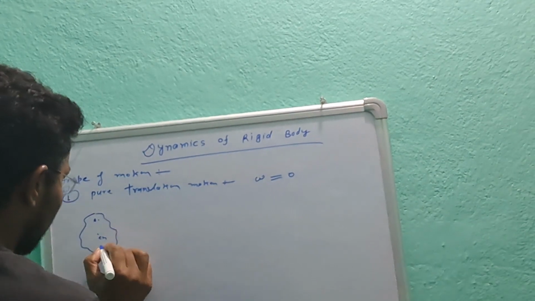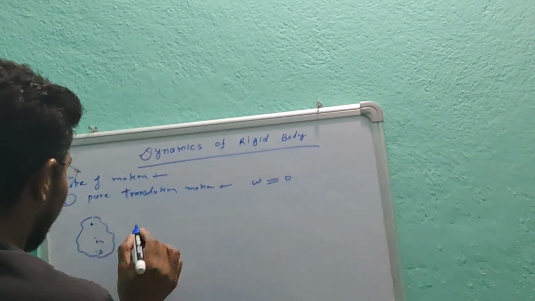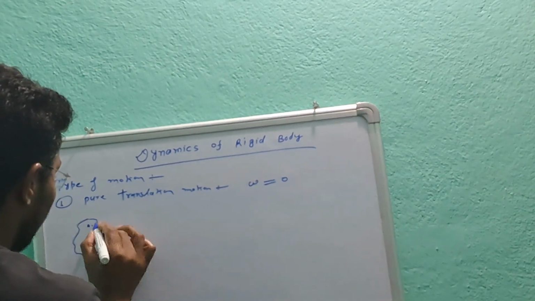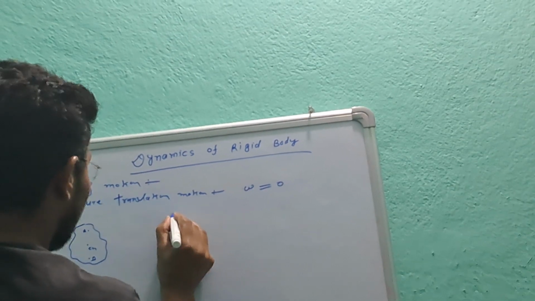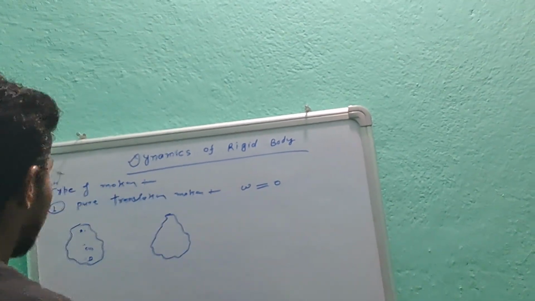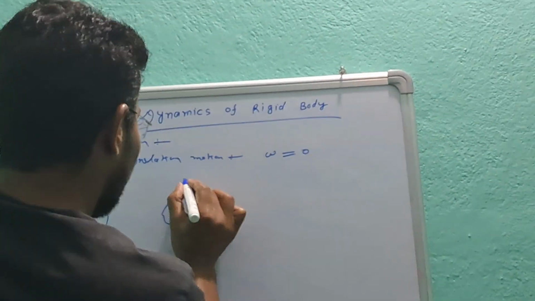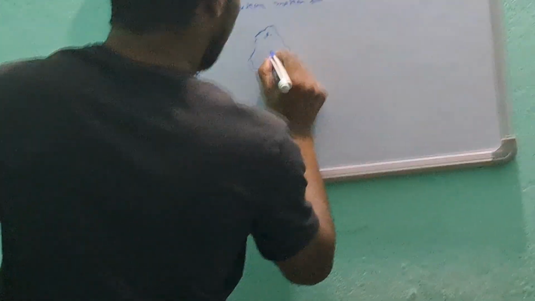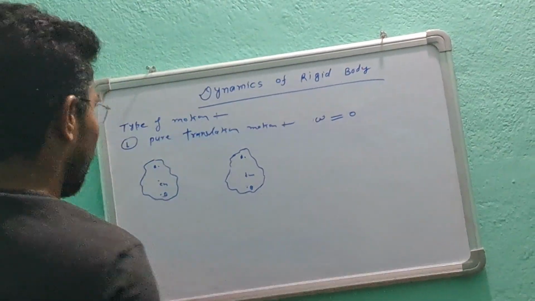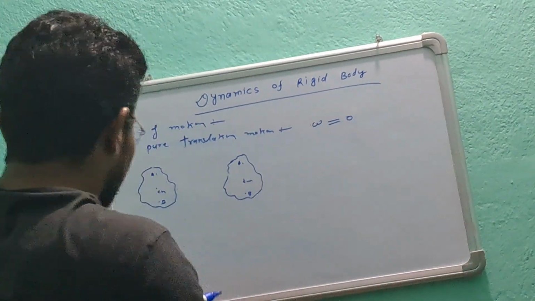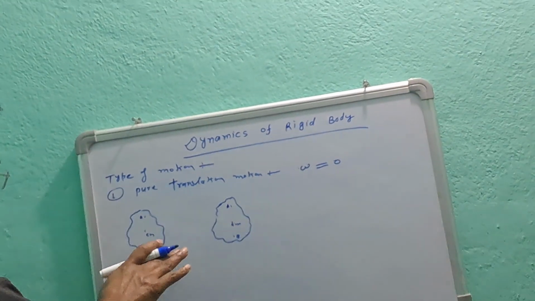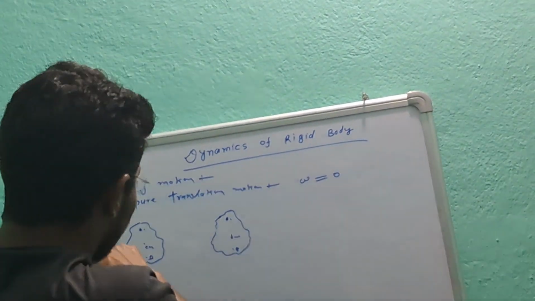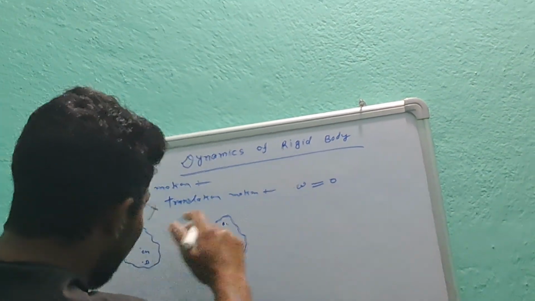This is point A, point B, and this is the same rigid body after displacement: point A, center of mass, point B. Then all points A, B and C move in the same direction, parallel to each other.